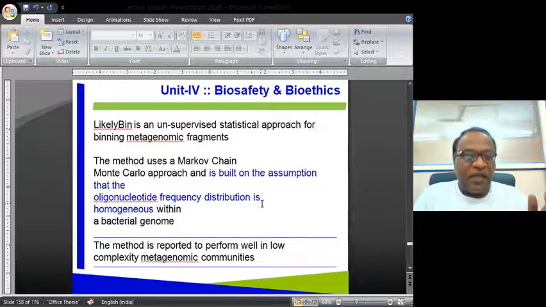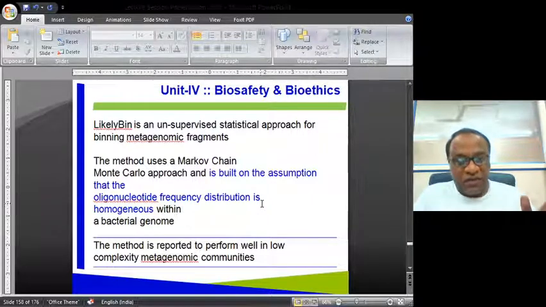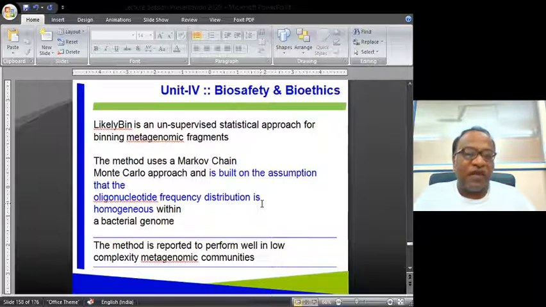Then what is the algorithm being used for the binning process? LikelyBin. LikelyBin is an unsupervised statistical approach for binning metagenomic fragments. This method uses a Markov model or Markov approach.